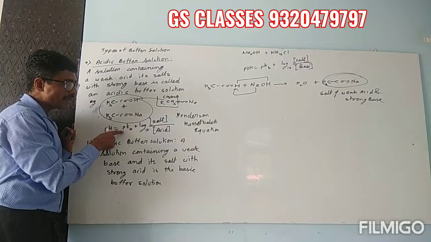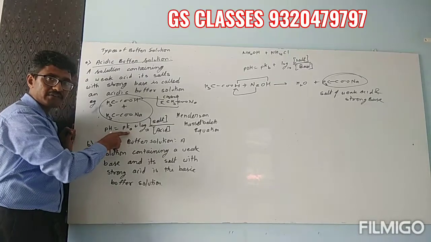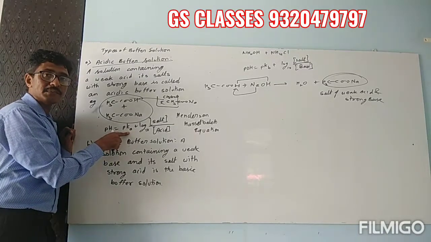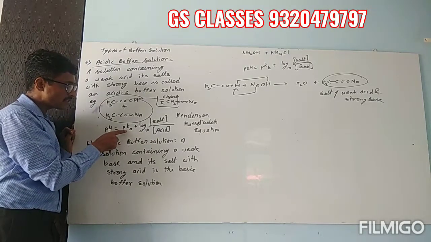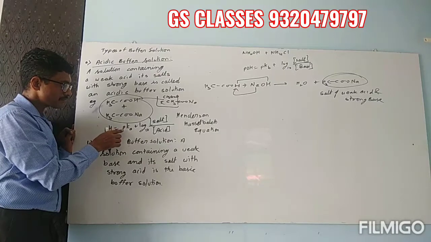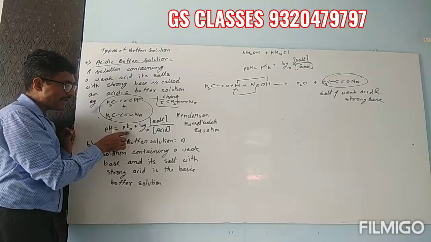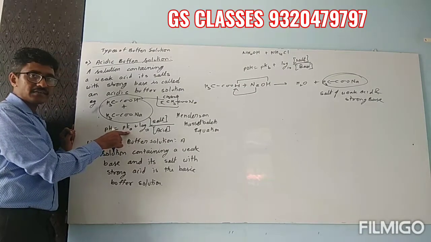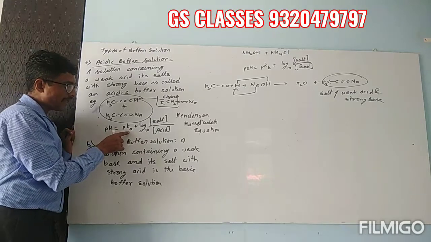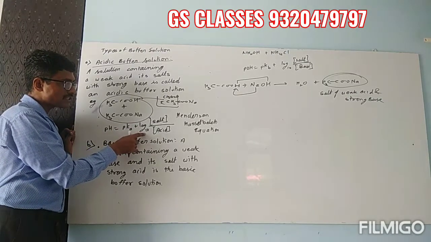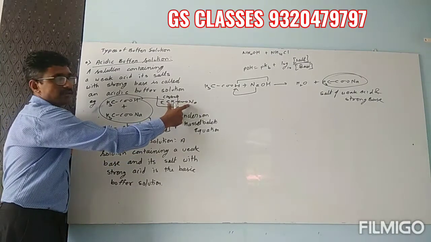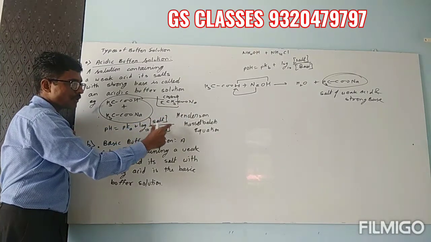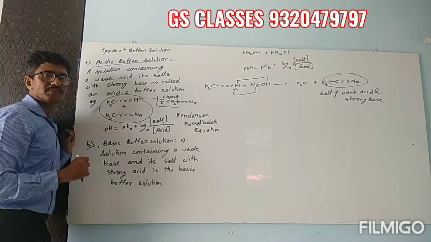pH equals pKa. Ka we have already seen in the previous videos, if anyone is missing it, known as the dissociation constant. Now pKa, and since it is an acid, pKa plus log to the base 10 of the concentration of the salt divided by the concentration of the acid.